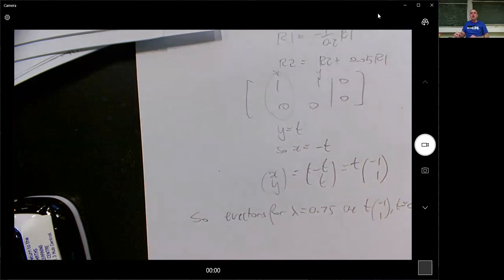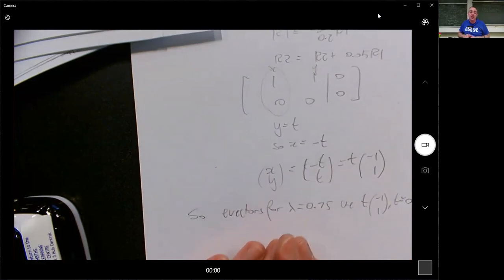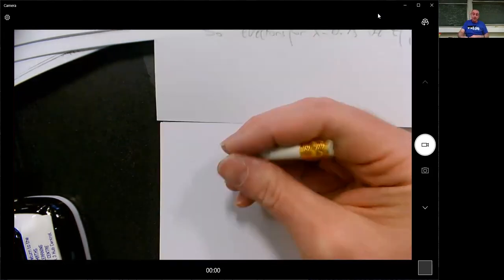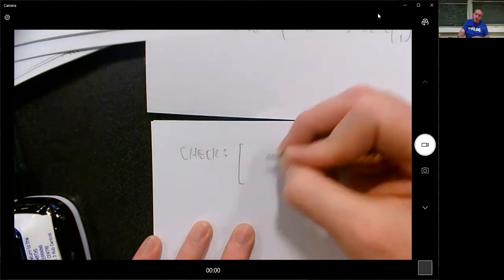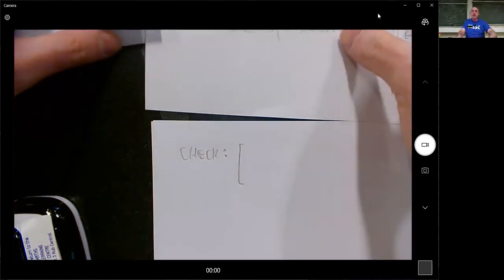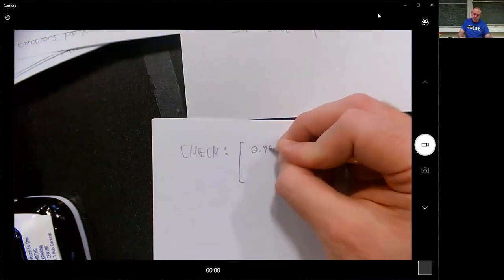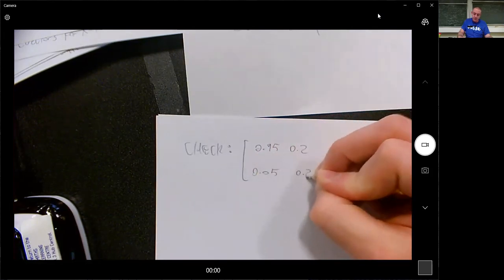Okay. I just want to check if I've done it right, just to be absolutely sure. So let me just check them to see if they really are eigenvectors. So the matrix A, going back to my original matrix A, which was 0.95, 0.2, 0.05, 0.8.